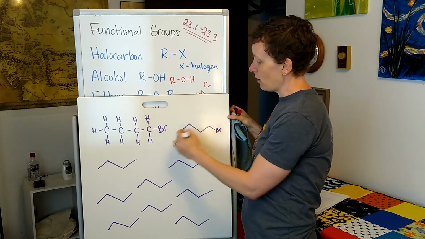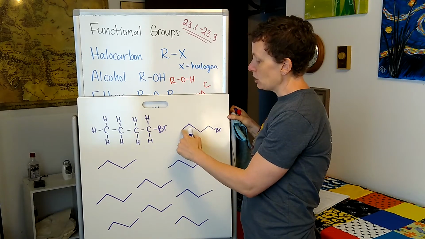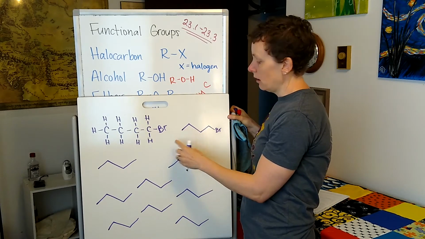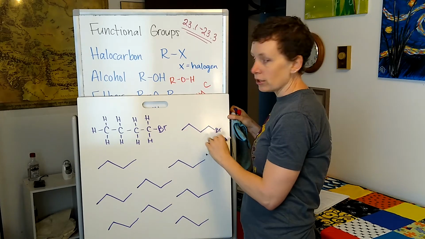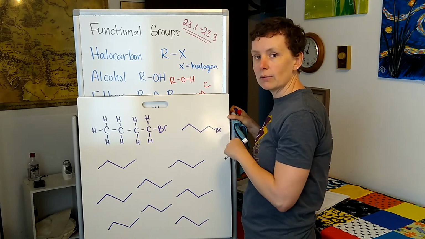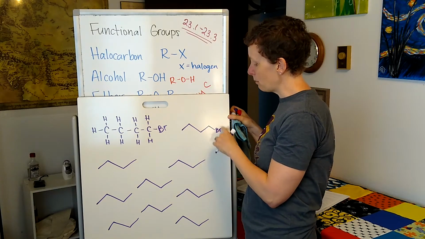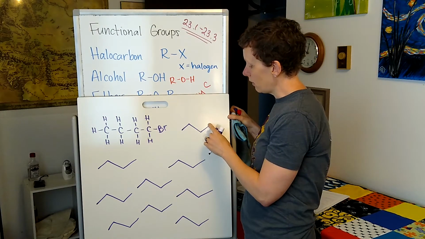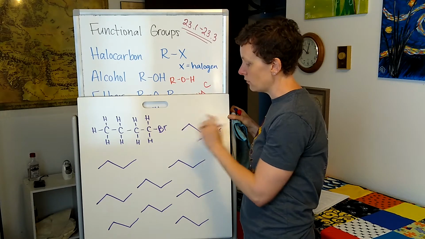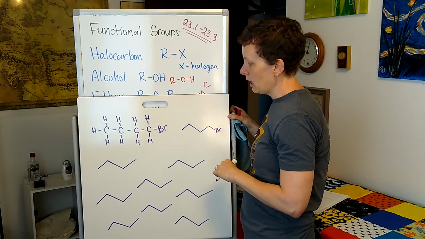If I were to just write a Br right here, that would change this carbon into a bromine. Only the points that don't have letters are carbons. And then when we add an extension with letters at the end, that's not a carbon, that's a bromine attached to the first carbon in a 1, 2, 3, 4 carbon molecule, okay?